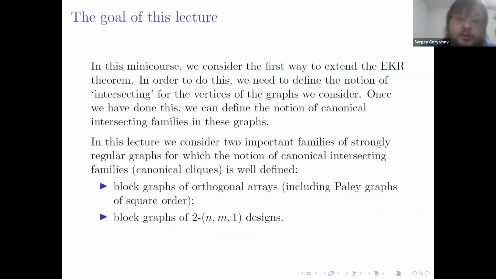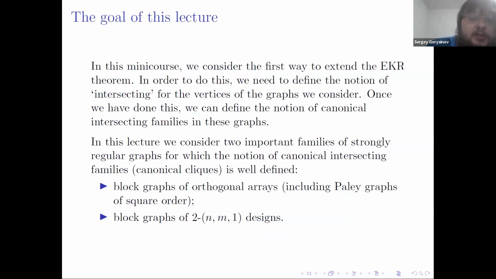In this mini course, we consider the first way to extend the EKR theorem. In order to do this, we need to define the notion of intersecting for the vertices of the graphs we consider. Once we have done this, we can define the notion of canonical intersecting families in these graphs.